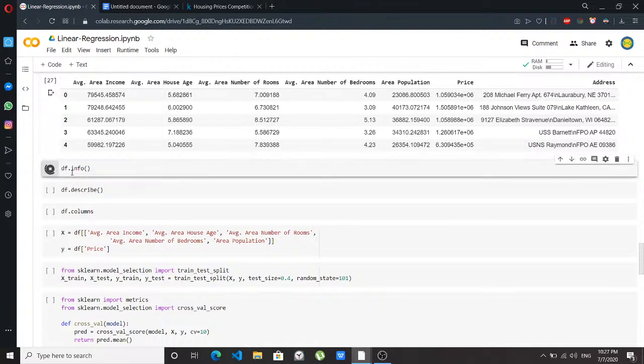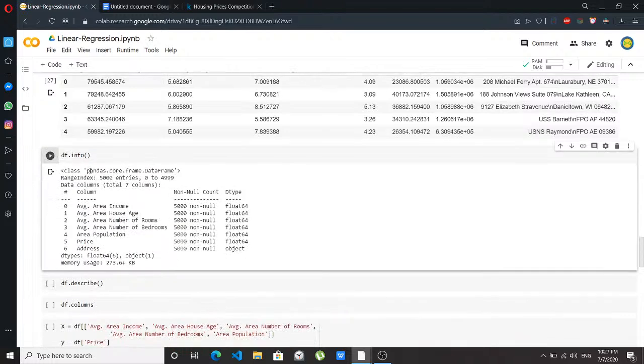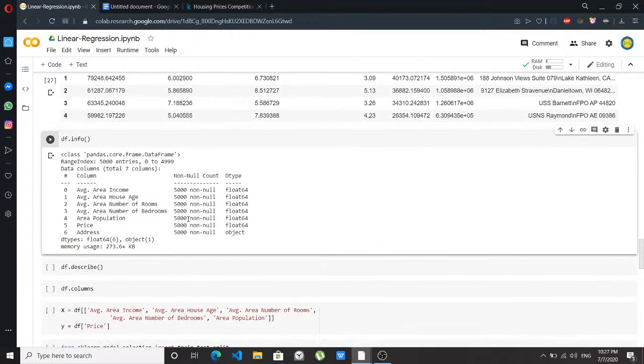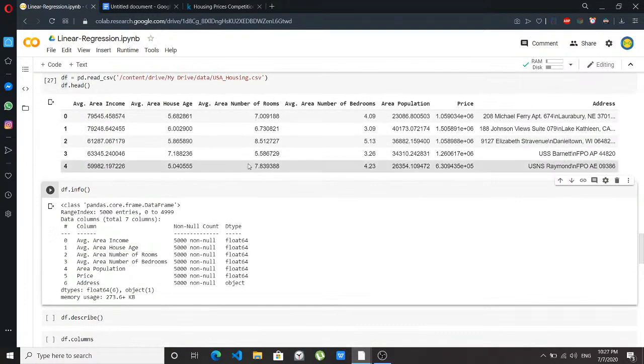And df.info will tell us whether there are any null values. Sometimes in a data set you cannot find some data. For example, if the person doesn't know the age of the house, they leave the data as null.